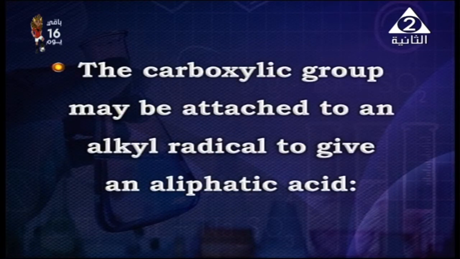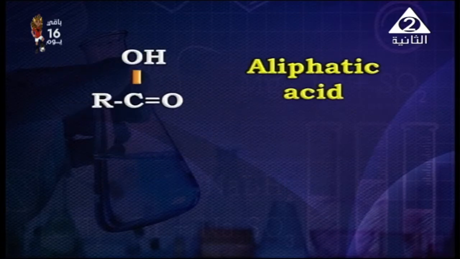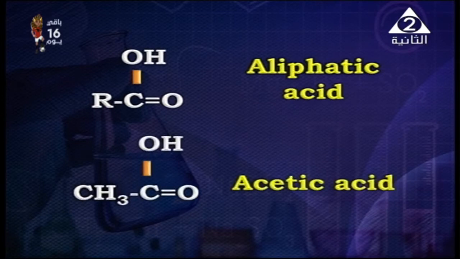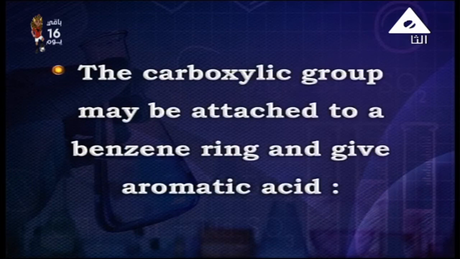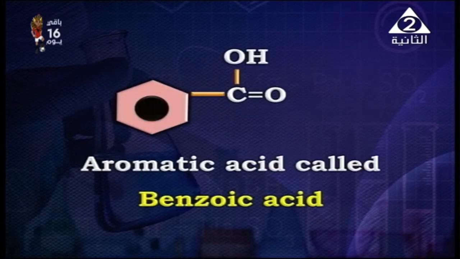The carboxylic group may be attached to an alkyl radical to give an aliphatic acid, as shown on the screen, R-COOH, as for example CH3COOH, which is acetic acid, or the carboxylic group may be attached to a benzene ring and give an aromatic acid, as shown on the screen, called benzoic acid, that's C6H5COOH.